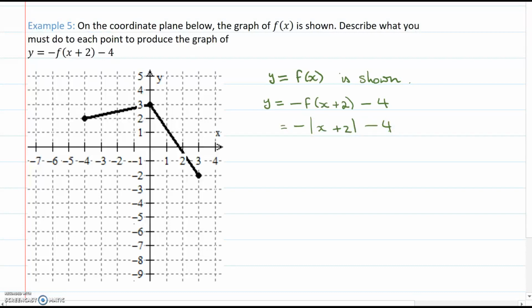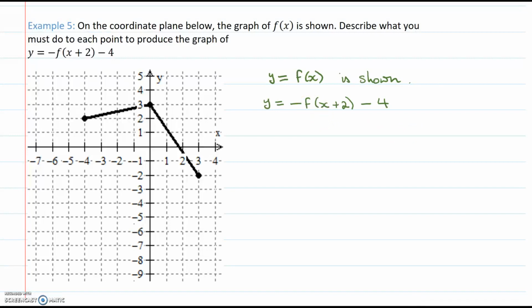It's got a similar structure, but instead of the absolute value of x plus 2, it's got f of x plus 2. And that, in terms of what we're going to do, doesn't actually matter. What we're going to do is look at what happens to the original function.